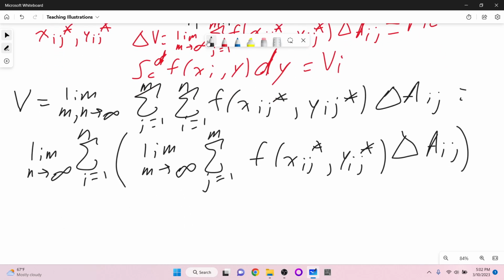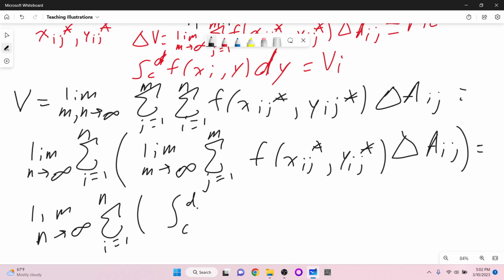Well, now that inner one, we've just defined it. It becomes the limit as n goes to infinity of the sum from i equals 1 to n of the integral from c to d of f of xi comma y dy, and we'll say delta vi.